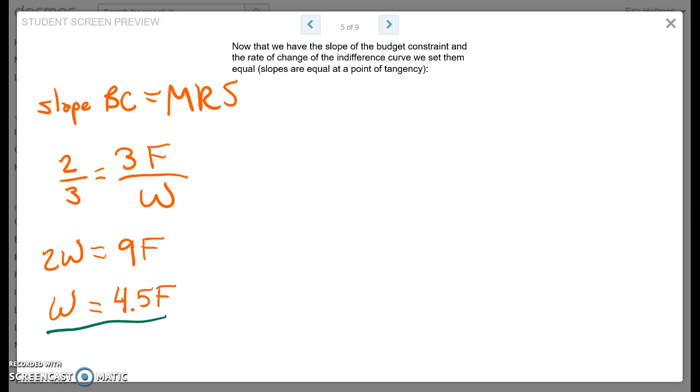So the other piece of information that we haven't used yet is that we need to spend our whole income, which if you go back and look at the original problem, we have $600 for income. And the price of water was $10. And the price of food was $15.